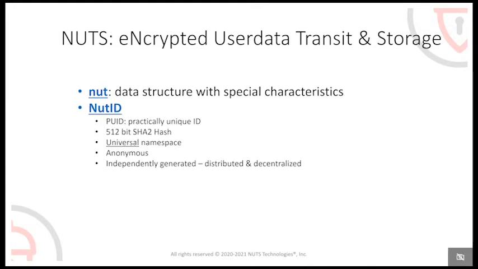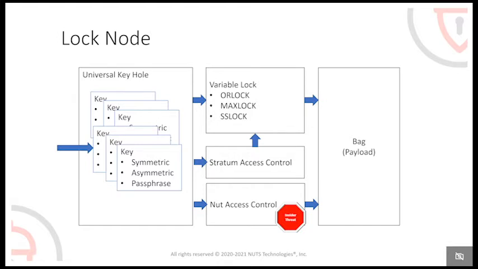The NUTS technology allows you to create a NUT data structure, and within a NUT structure, it's not just one data structure. There is the modular data structure we call a lock node that a NUT is made of. So a NUT can be minimally made of one lock node, but interesting things start to happen once you have several of these lock nodes strung up together in various ways.